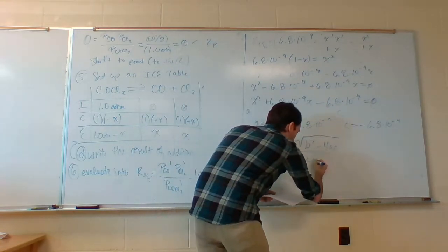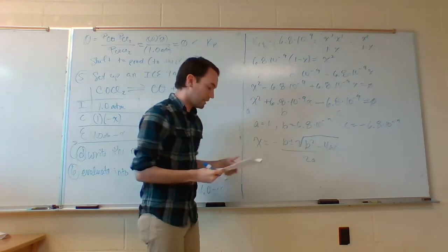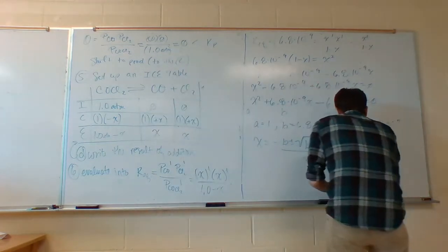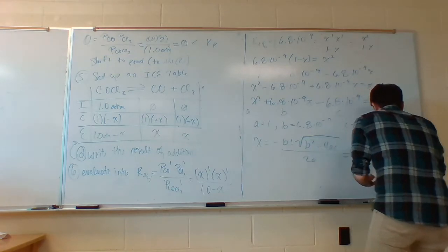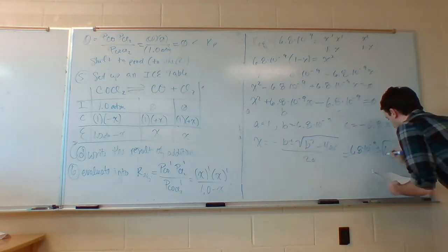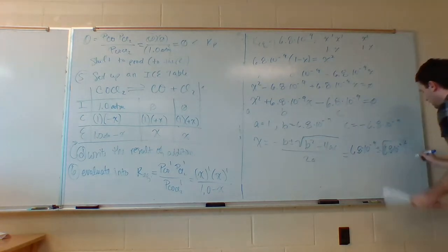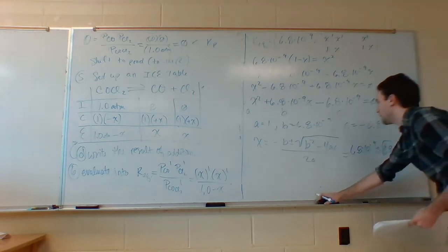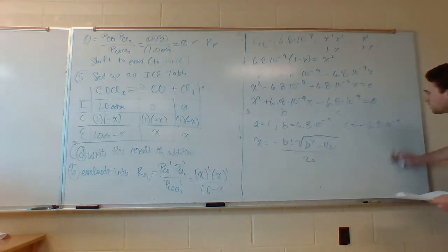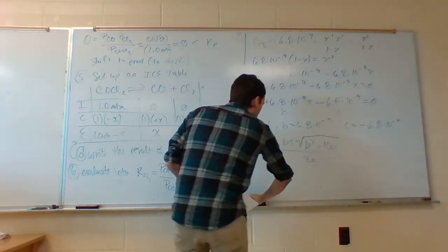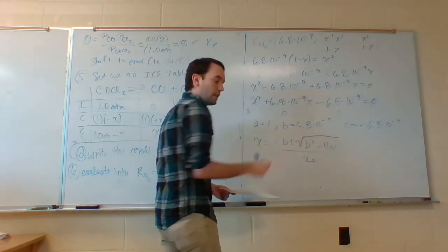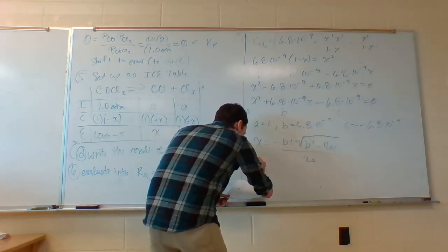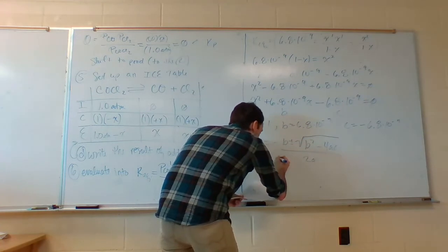You plug in a, b, and c, and what you will find is negative 6.8 times 10 to the negative 9 plus or minus the square root of 6.8 times 10 to the negative 9, that is squared, minus 4ac. I don't think I'm going to go through all that. You guys know how to do that. If you don't, you can always ask me in the discussion sections or send me an email.